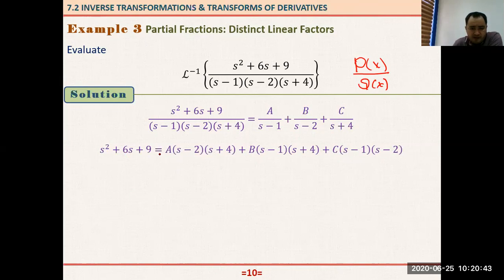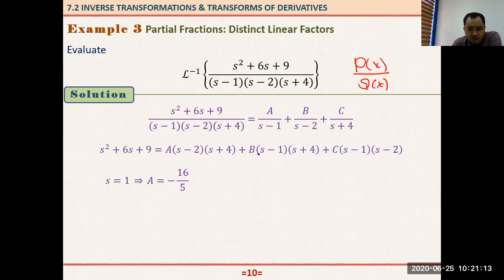And I can get the value of A. So the first thing is, if s equals 1, substitute here on the left-hand side, I have 16. It is 1 plus 6, it is 7, 7 plus 9, it is 16. How about here? 1 minus 2, negative 1, 1 plus 4, 5, negative 1 times 5 is equal to negative 5. And if you divide both sides by negative 5, I get the value of capital A, right?